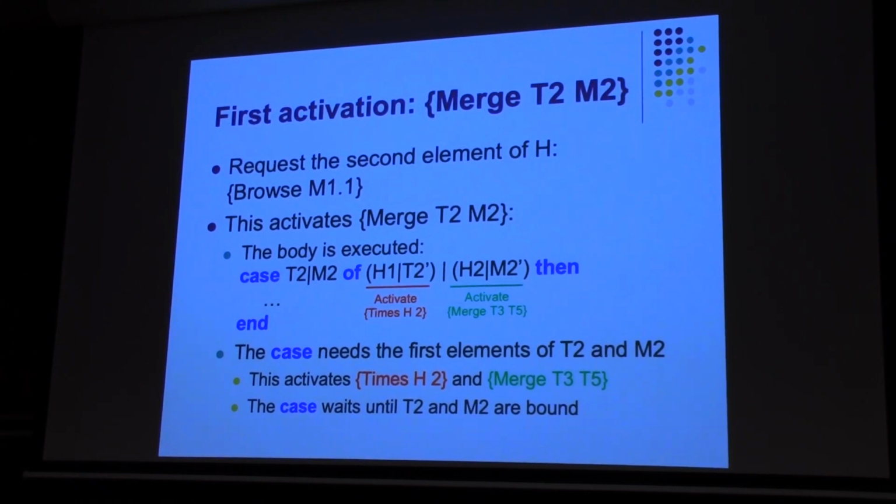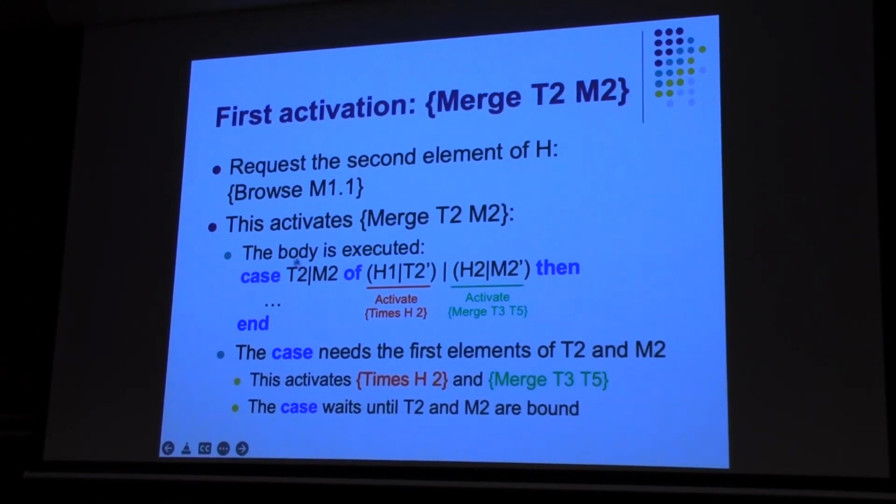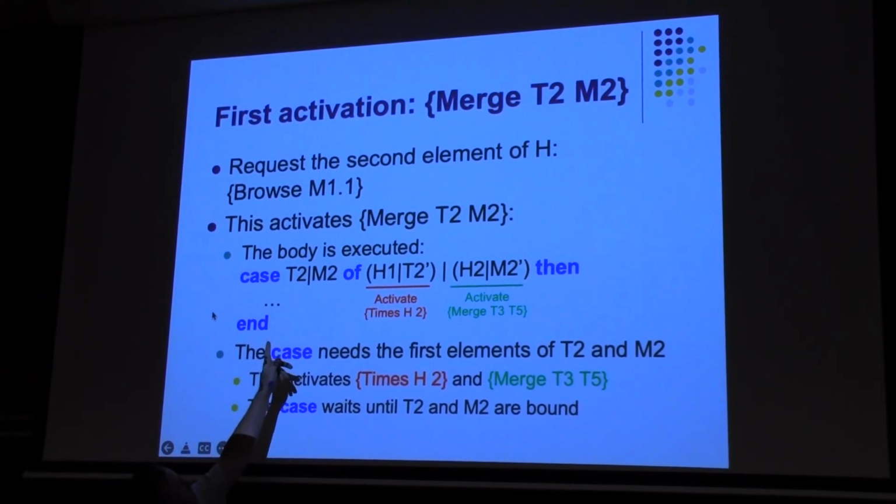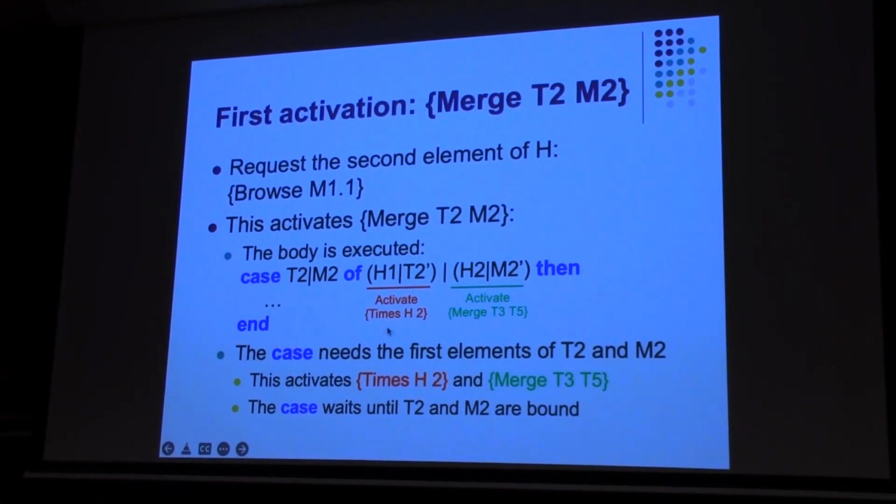But while it's waiting, another thread activates the merge T2 M2, and that will execute the body of the merge. Remember, a merge will merge 2 streams, so the body has a case. Here it's with T2 and M2, so I need the first element of T2 and I need the first element of M2.